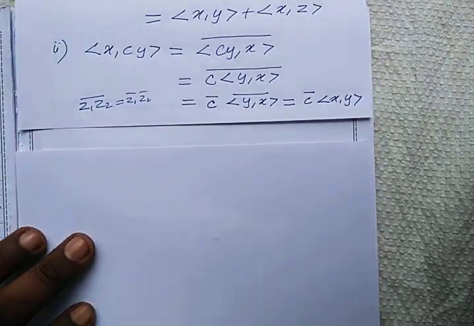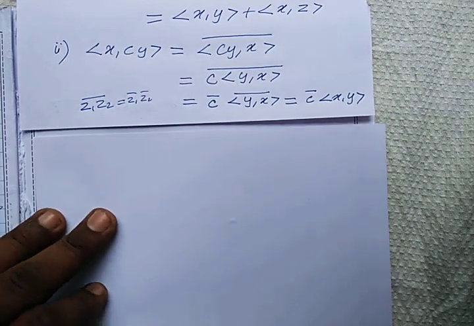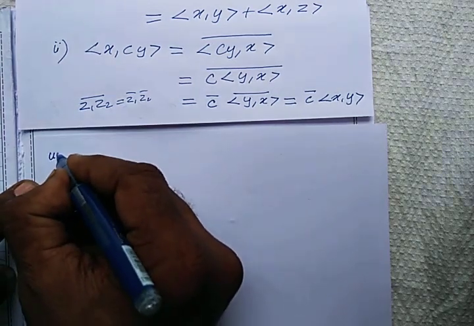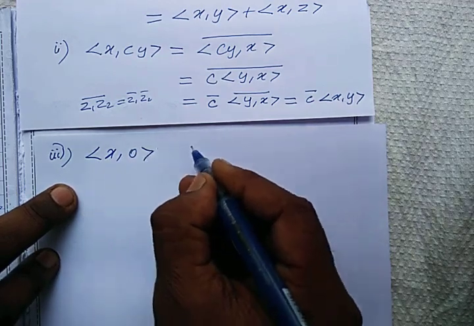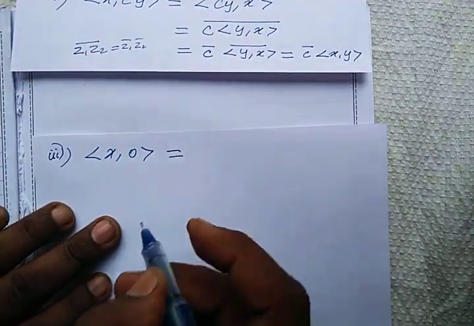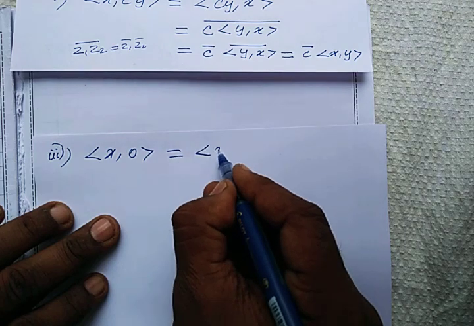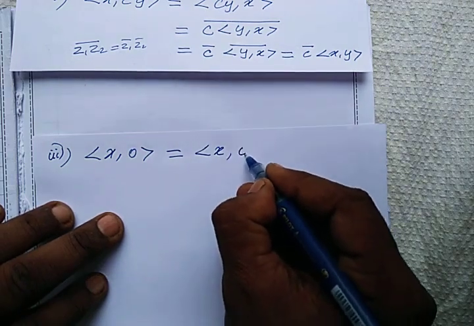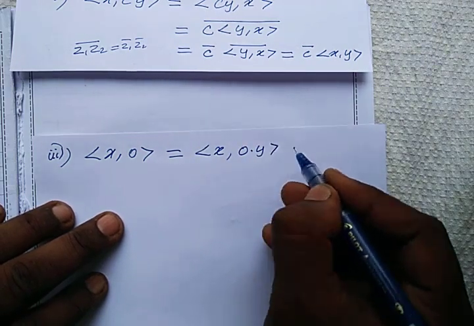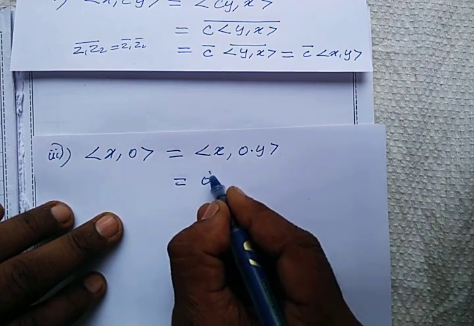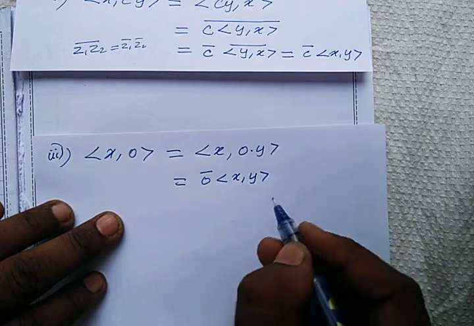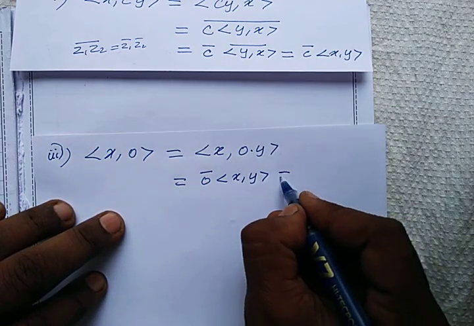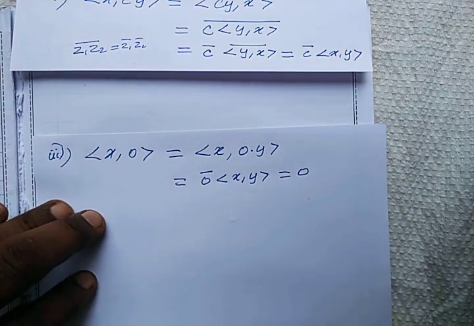Now we have to prove the third one. What's the third one? Inner product of x comma 0. We may write this as inner product of x comma 0 times some y. This is equal to 0 bar times inner product of x comma y. This is equal to 0 only.